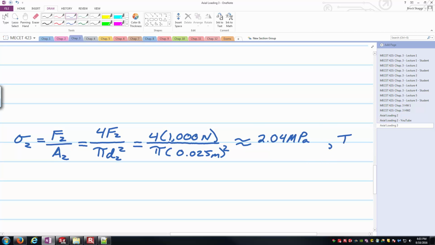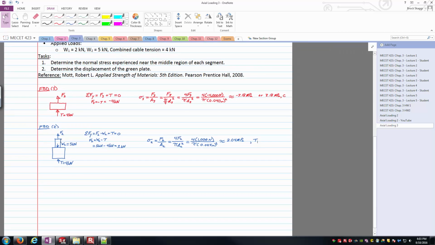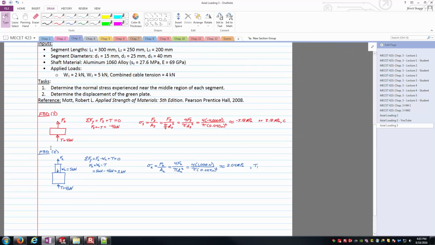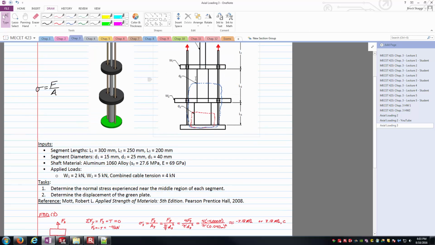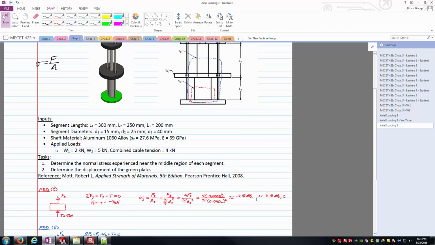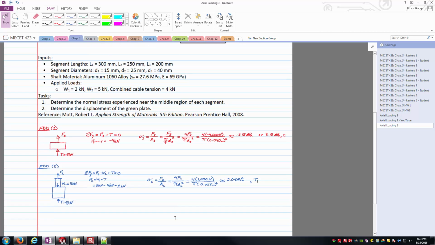I'm going to emphasize here this is tension by putting comma T off to the side. And so interestingly enough, section 2 is going to be getting longer, while section 3 is actually going to be getting shorter because of the compressive normal stress. And so that is looking good at this point.